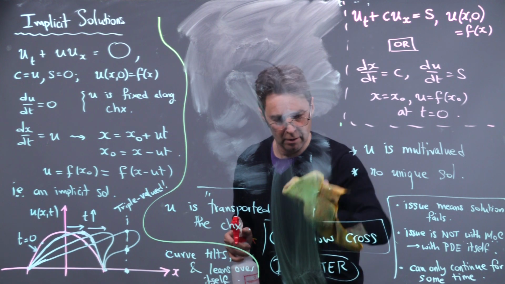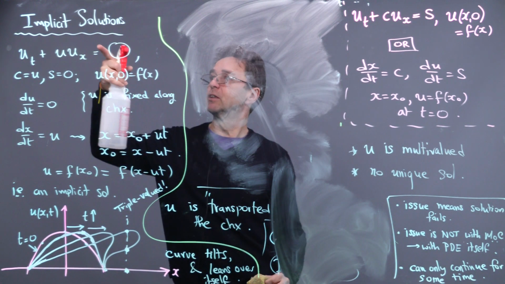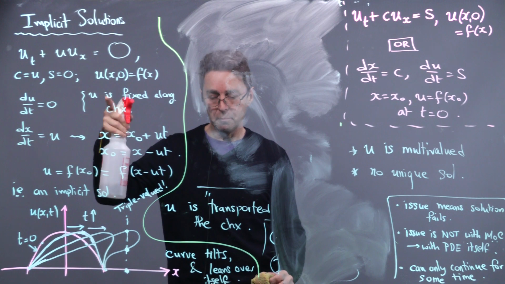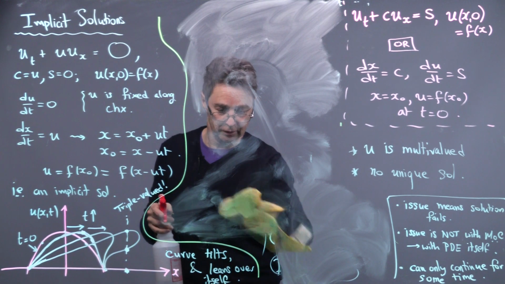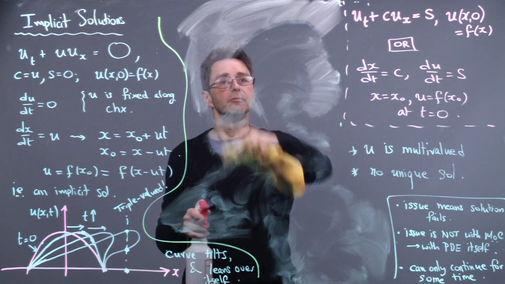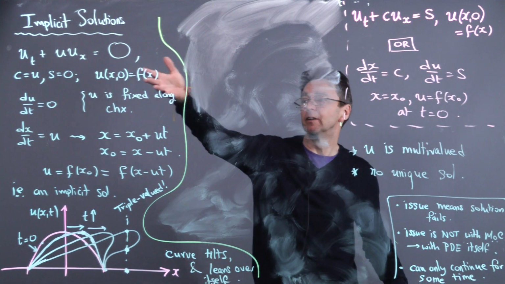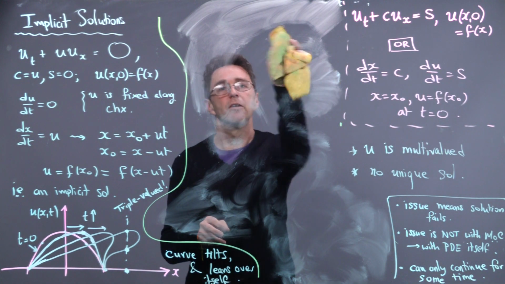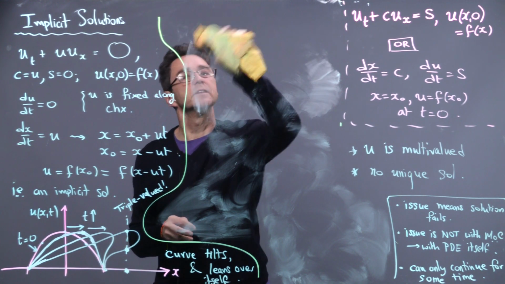Disaster. And this really has all come about because we have an implicit solution for u. And implicit solutions, implicit equations for something, in this case u, may not have a unique solution. They may have multiple solutions. So this has come about because of the implicit form of the solution that we've arrived at by solving the problem with the method of characteristics.